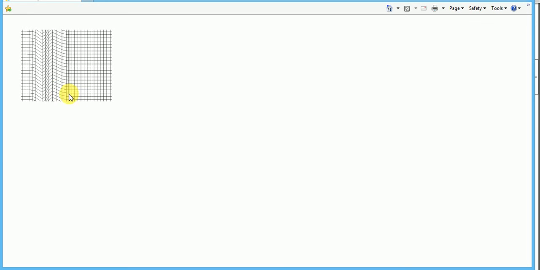Here is squeezing and stretching, and it is followed by this crash and throw. That means this P wave is followed by S wave. So this is how these P waves and S waves propagate.